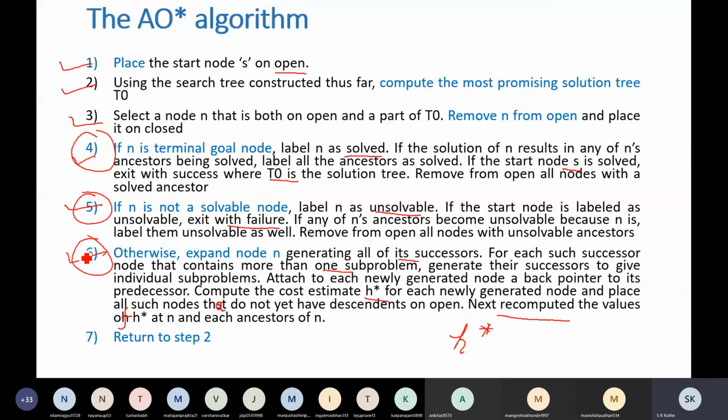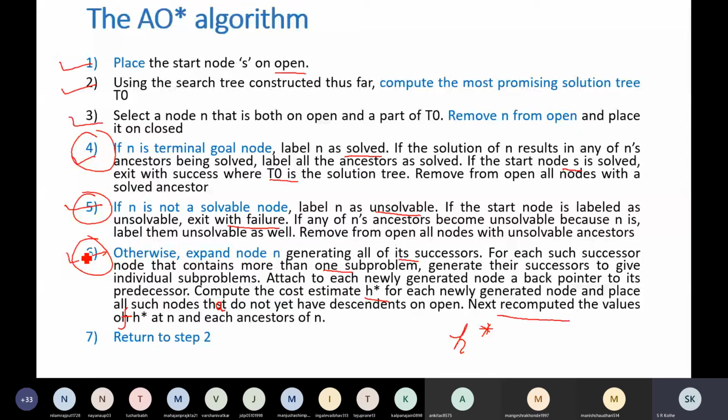And last, in step 6, otherwise we explore that node, generate its successors, and put the nodes on the open list. Attach the back pointers. Attaching a back pointer means keeping track of which parent node the generated node is the child of.